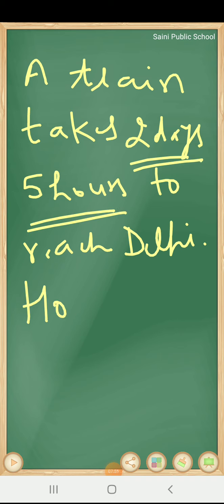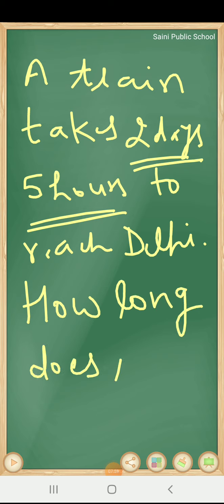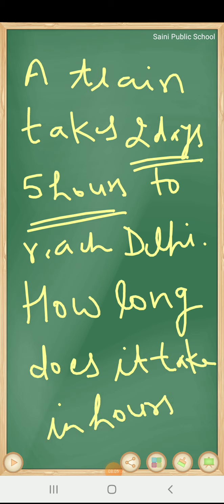How long does it take in hours? A train takes 2 days and 5 hours to reach Delhi. How long does it take in hours? So time is given in the form of days and hours, and we want to convert into hours.